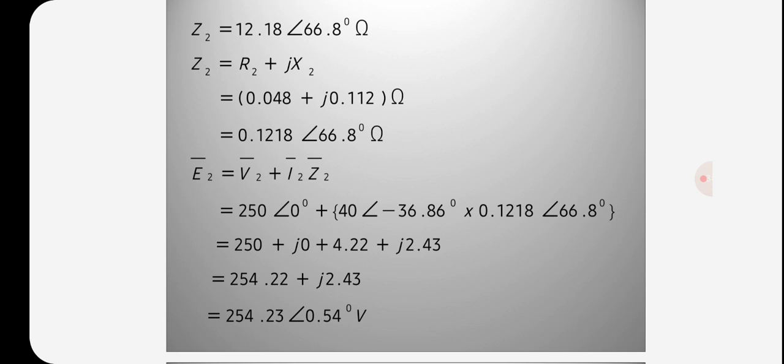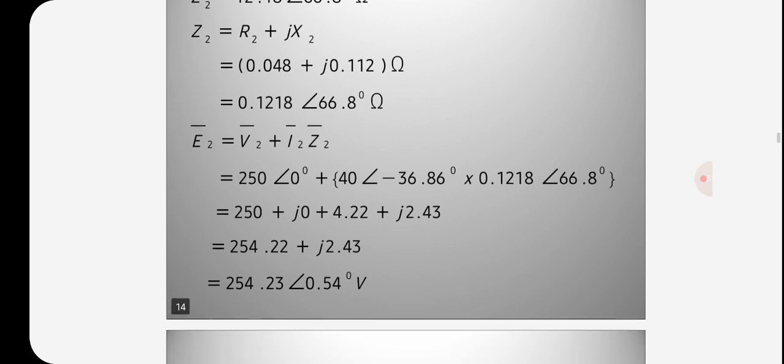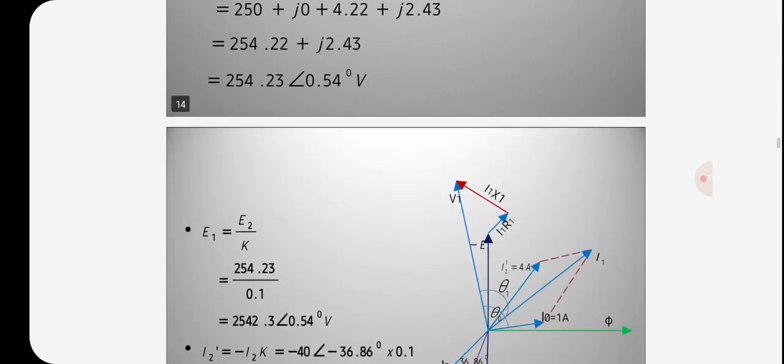So that is 250 plus j of 0 plus 4.22 plus j of 2.43. So that is equal to 254.22 plus j of 2.43. So that is 254.23 angle of 0.54 degrees, that is the E2.